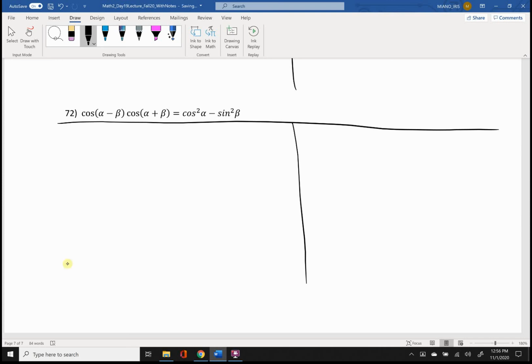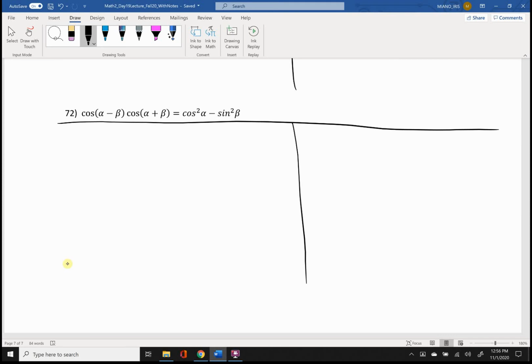Okay, so we're going to try and establish this difference of cosine squared alpha and sine squared beta based on these difference expressions on the other side here. So I'm going to go ahead and use the formula. Now we're talking cosine, so it's cosine, cosine, sine, sine, in which we change the signs and all that stuff.